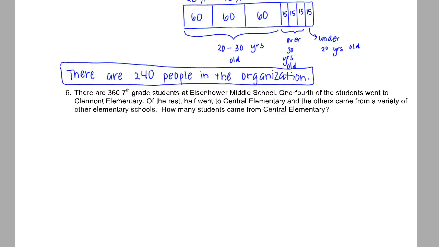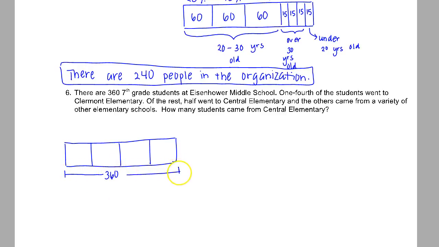So I'm told that 1/4 of the students went to Claremont. So I'm going to start my model by dividing it into fourths. First of all, there are 360 students at Eisenhower Middle School, so 360 will be our whole number.